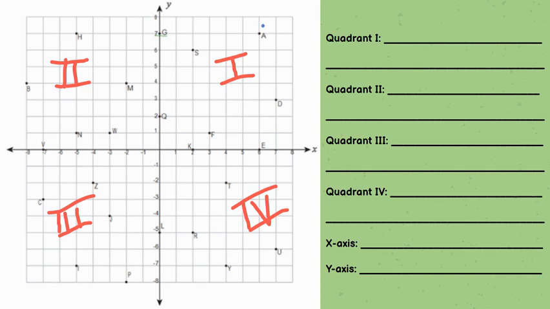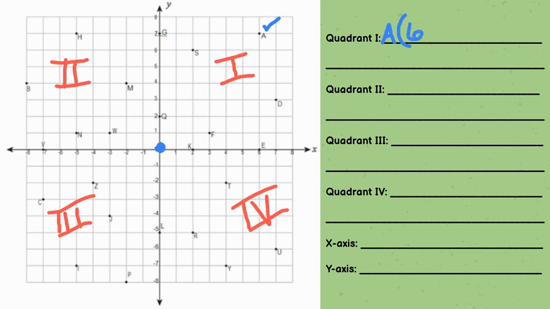So here is point A. So I'm going to write A over here. And remember, when we're doing ordered pairs, we always put them in parentheses. We always start at the origin. And since A is in quadrant 1, we're going to go over to 6. And we're going to go up to 7.